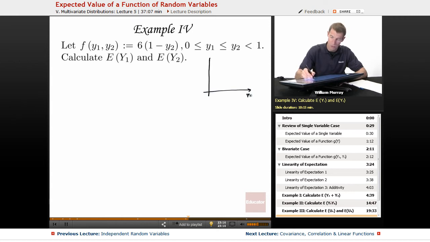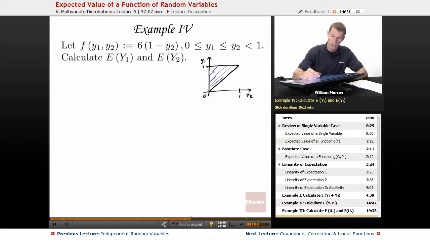So there's y2, here's y1, and we're looking between 0 and 1 on both axes, but we only want to take the region where y1 is bigger than y2. So that's sort of the area above the line y equals x. Let me draw that region, color that in a bit.